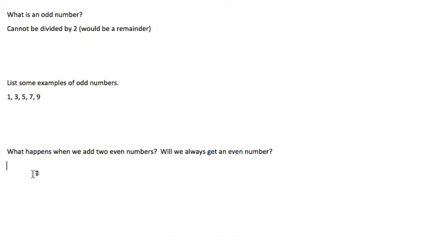What happens when we add 2 even numbers? Well, we always get an even number. And so we would explore that by adding some even numbers. 2 plus 4 is 6, so that is even. 2 plus 2 is 4, that is even. 10 plus 18 is 28, also an even number.